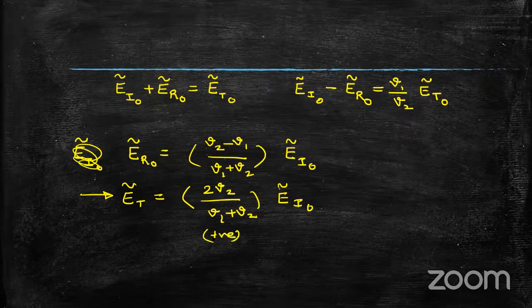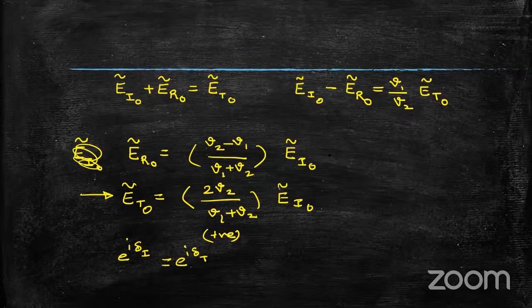What does it mean? If E_I0 is a positive number, E_T0 will also be a positive number, right? So they are in phase, because e raised to i delta_I is equal to e raised to i delta_T. So your transmitted wave is always in phase with the incident wave, no change.